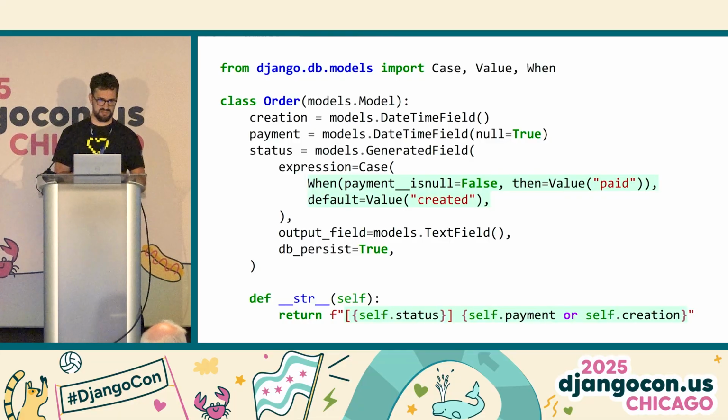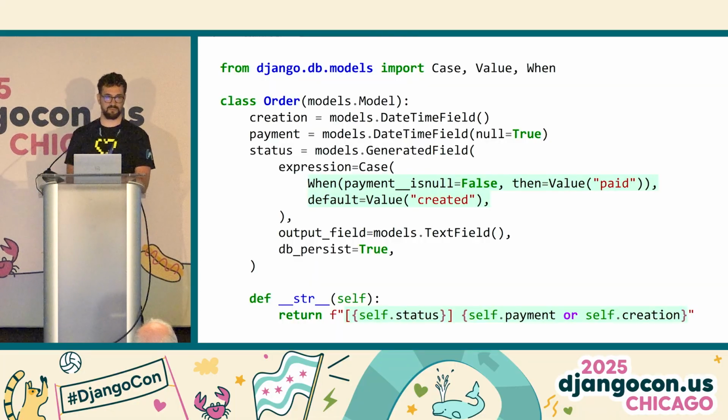I like using this type of condition directly in the database, and here we are going to check if the payment datetime field is null or not, and based on that we set the status text field to one value or another.